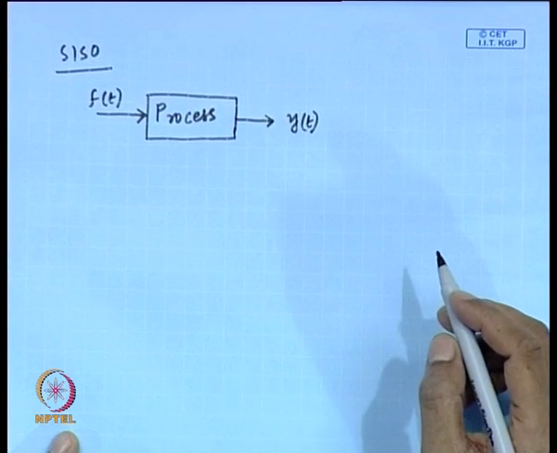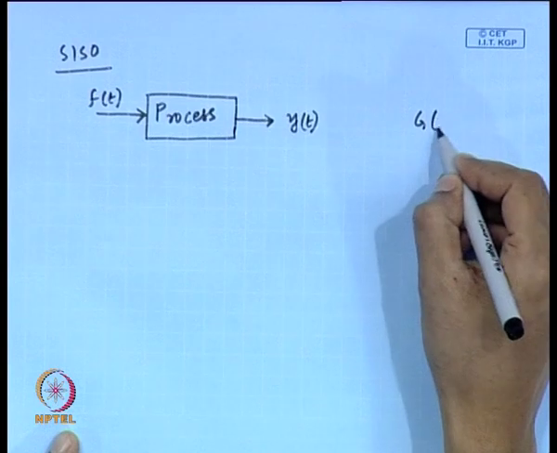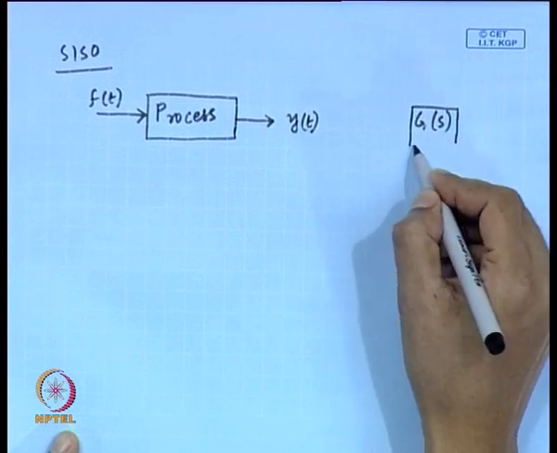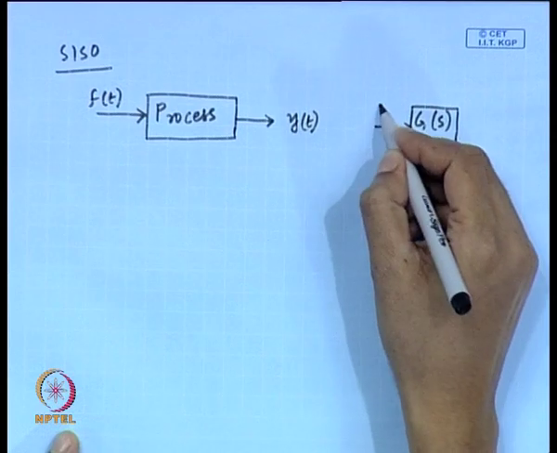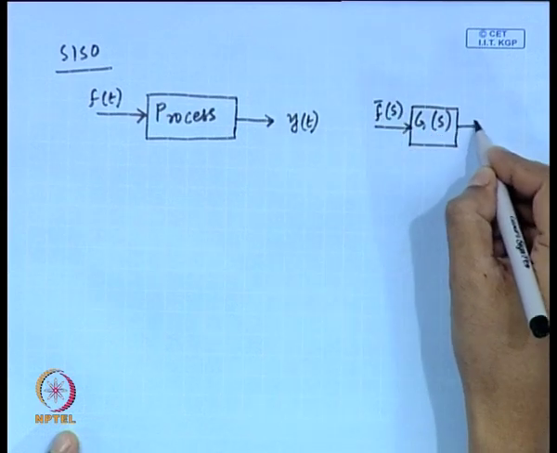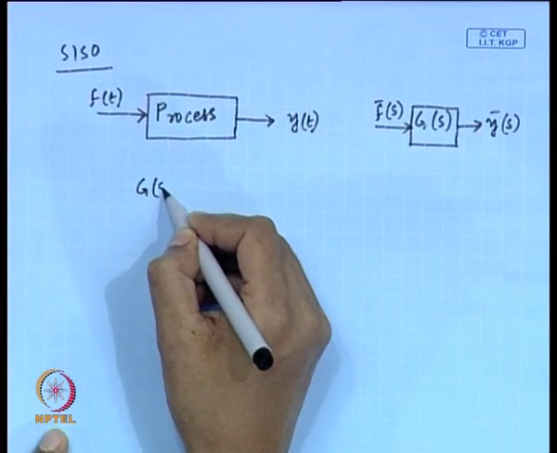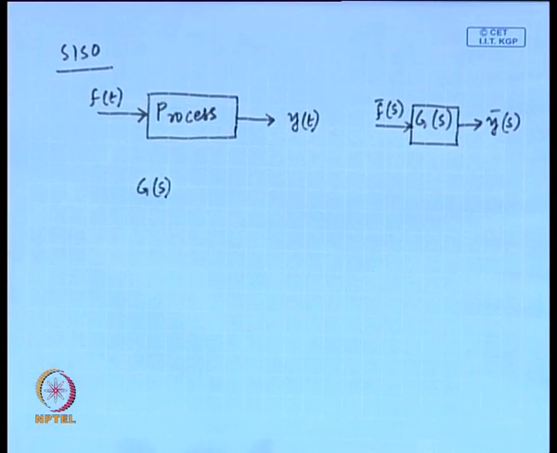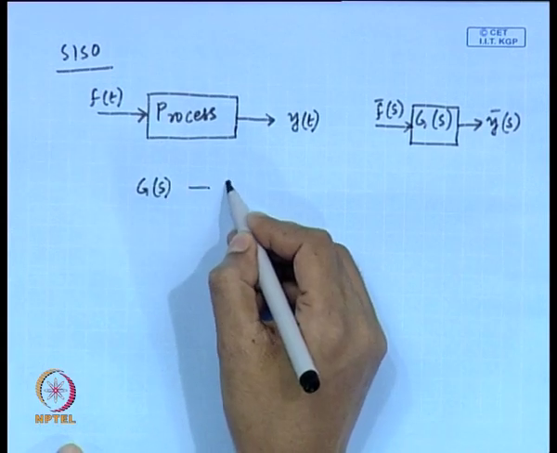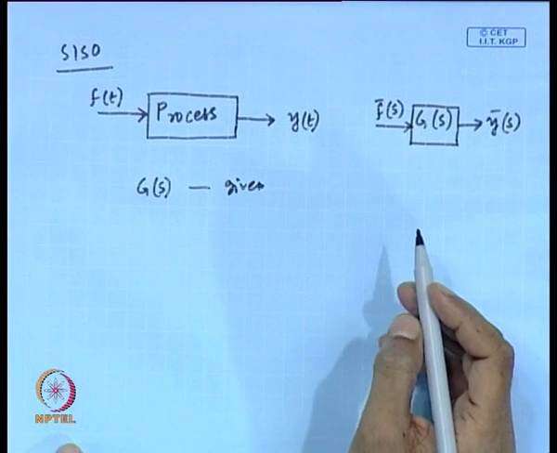For this SISO system, the block diagram is G s, input is f bar s, output is y bar s, fine. Now, G s is known to us. If we have the process model, we can easily derive the transfer function for that process. So, G s is suppose given.